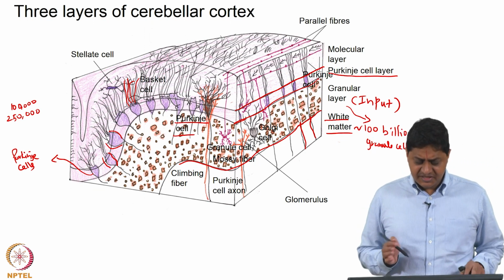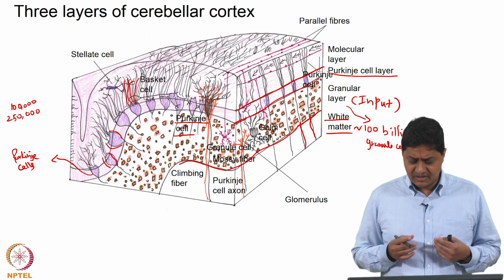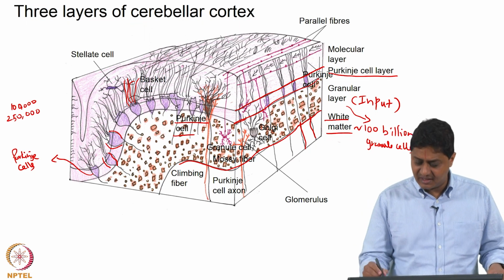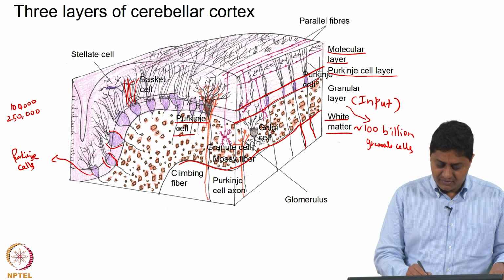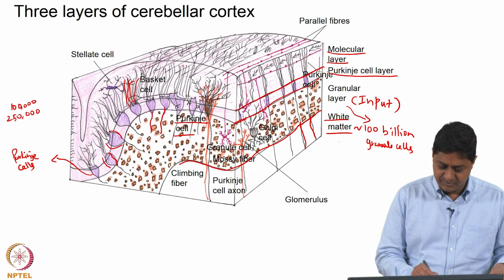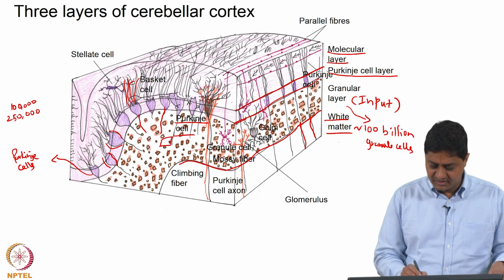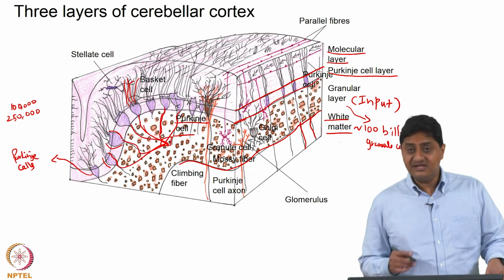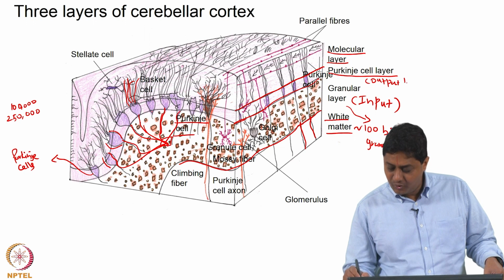These dendrites are in the layer above the Purkinje cell layer, the molecular layer, and the axons of these Purkinje cells project onto nuclei embedded within the cerebellum. These nuclei are called the deep cerebellar nuclei. These are the major output structure of the cerebellum. So, the Purkinje cell layer in some sense can be considered to be an output layer.